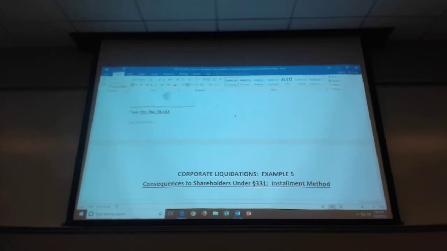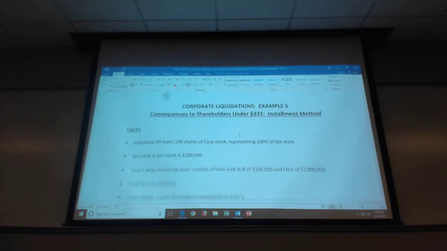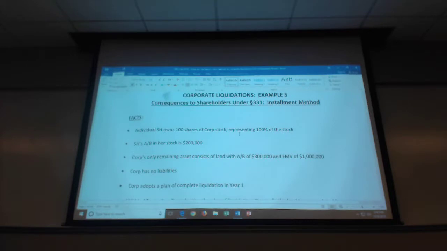So this example 5 is, I think, one of the most interesting topics, partly because it's multidisciplinary. It's not a pure corporate tax topic. It also implicates accounting method issues under the installment method of accounting.